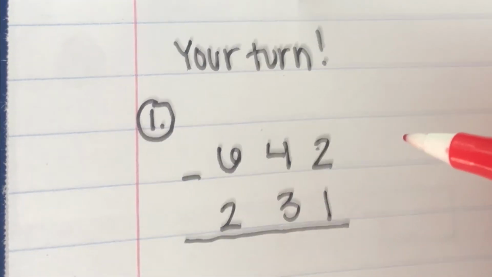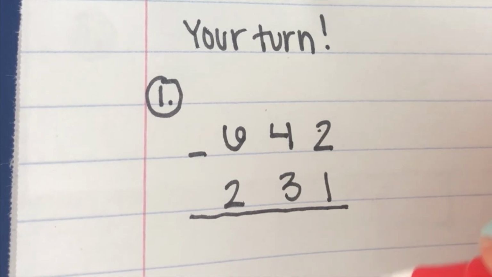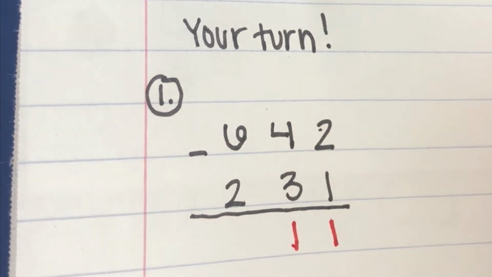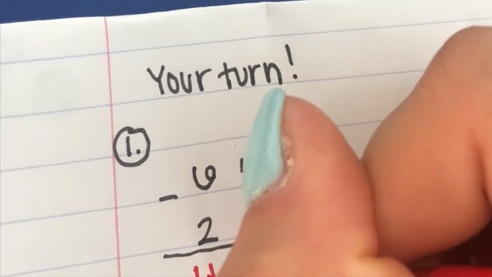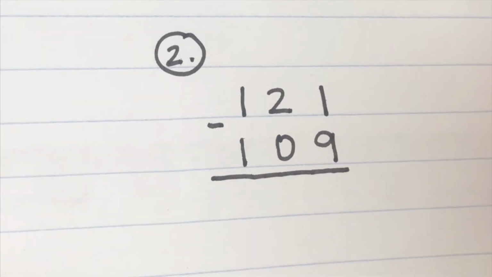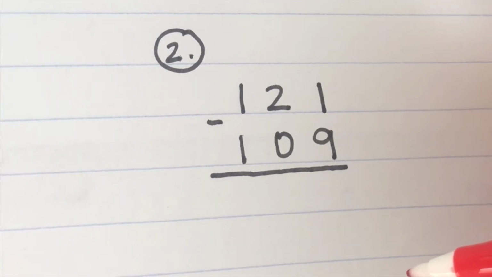So to do this problem, start at the right and just subtract. 2 minus 1 is 1, 4 minus 3 is 1, and 6 minus 2 is 4. So your answer is 411. For the next one, it's 121 minus 109.